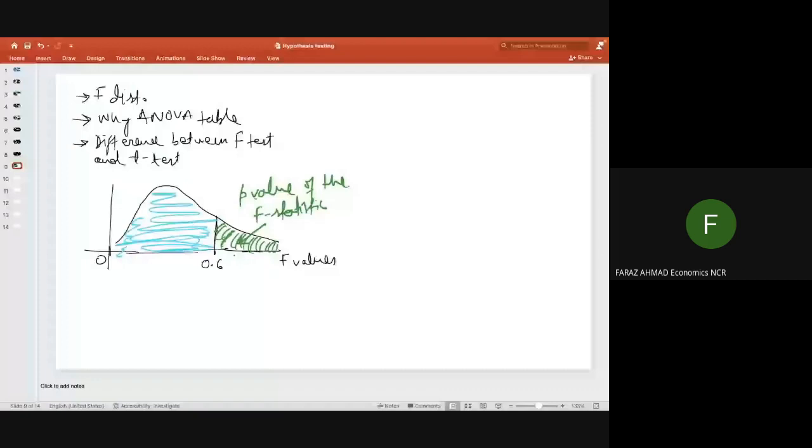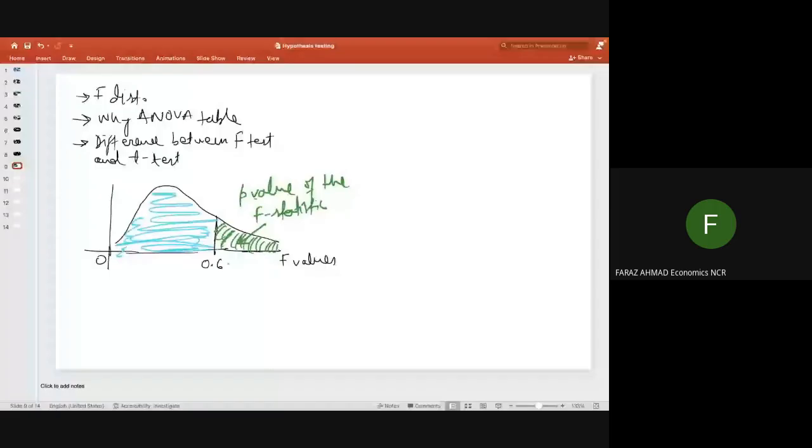So these dividing lines, or the values of any statistic, divide the whole area into two parts. One is the area under the tails, and another is the area in the center, or the body, right? So that is the case here also.